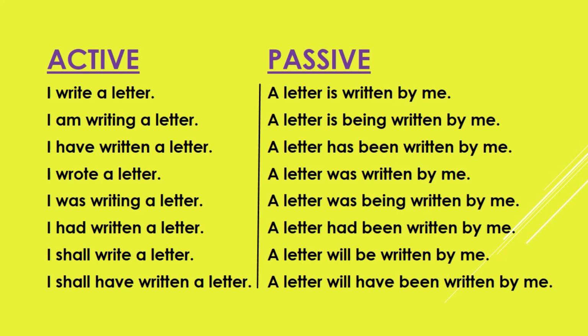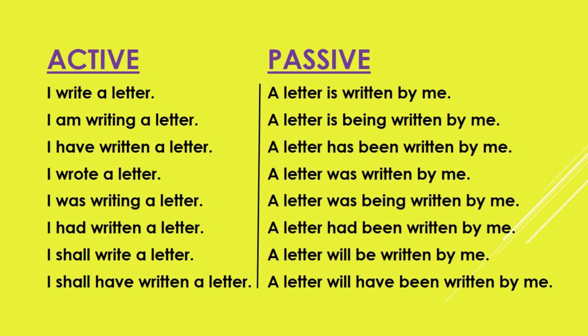Now here we have got a new subject, because every time the object becomes the subject, and the object in the active voice was a letter, which has become the subject here. Therefore, the subject has been changed. Now it will no longer take shall. It will rather take will. Therefore, we have used will, and the sentence has become a letter will be written by me.